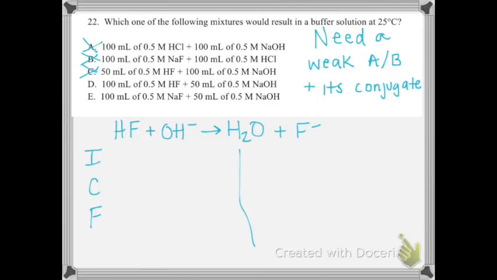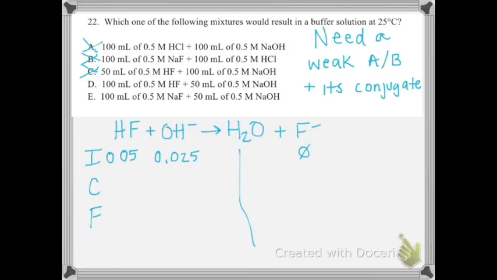Okay, for D, we have the same components, just now in different amounts. So we can use our ICF table to see what we would be left with. So we'd have 0.05 moles of the HF in solution, 0.025 moles of the OH minus. None of the fluoride to begin.